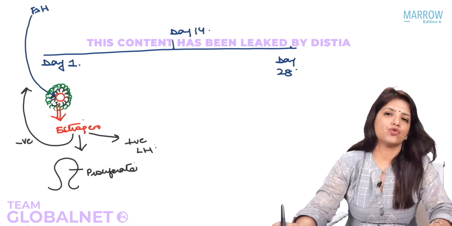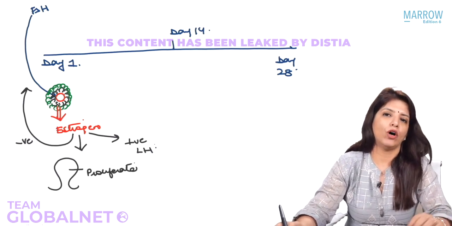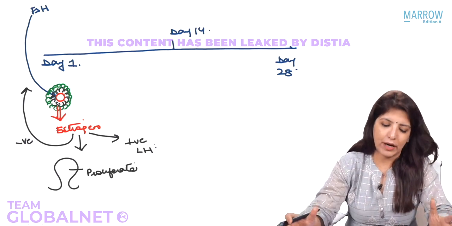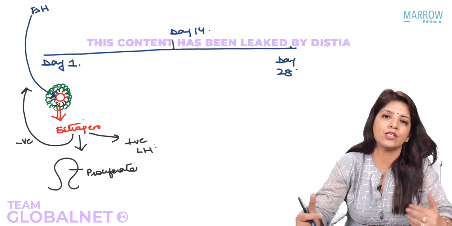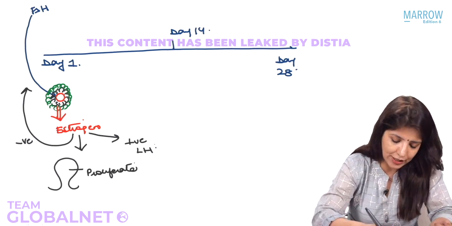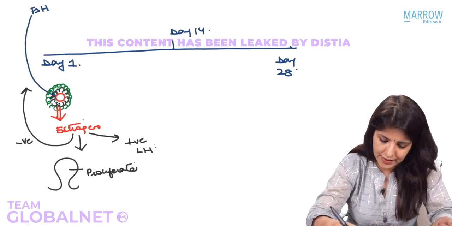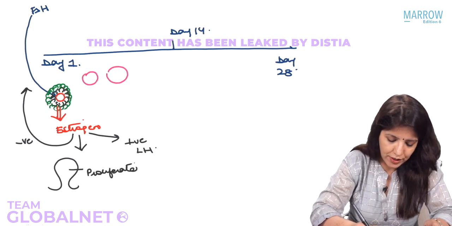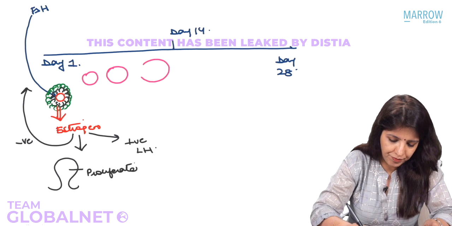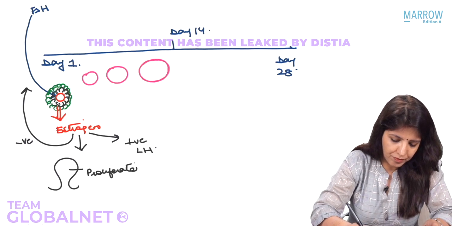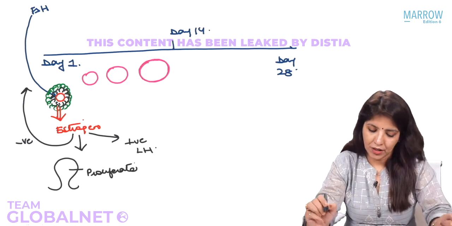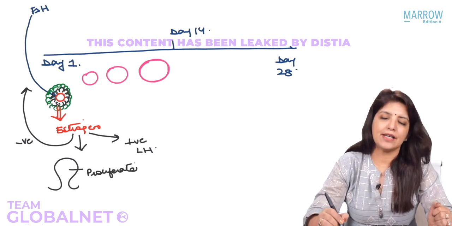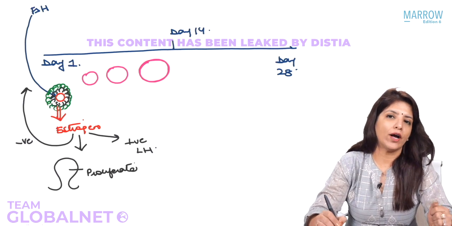Now, because estrogen had a negative feedback on FSH, all the follicles undergo atresia except one, and that one follicle will be called the dominant follicle, which will continue to increase in size. Another thing is estrogen is having a positive feedback on LH.